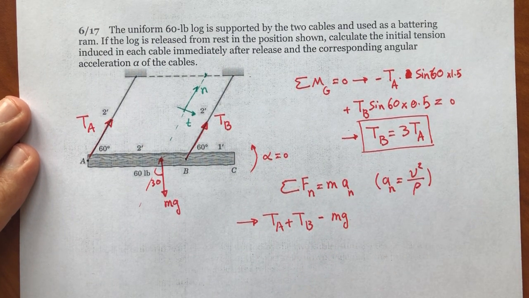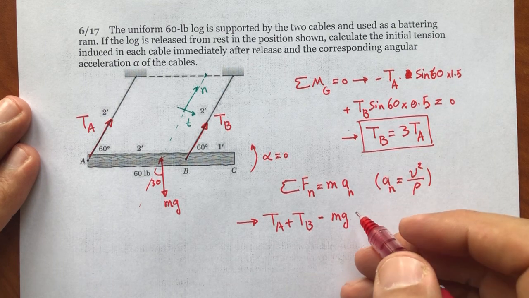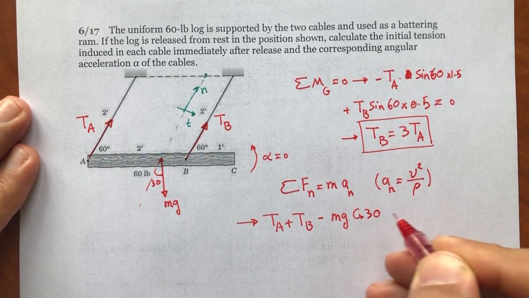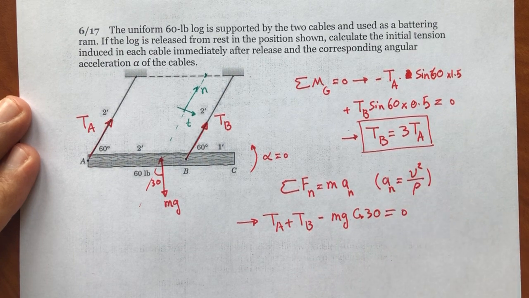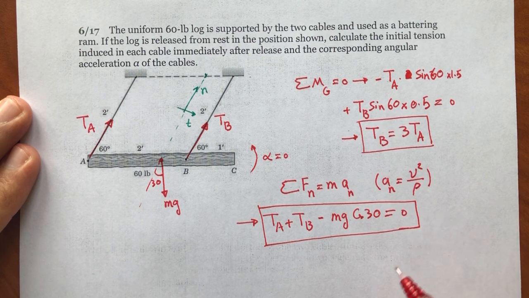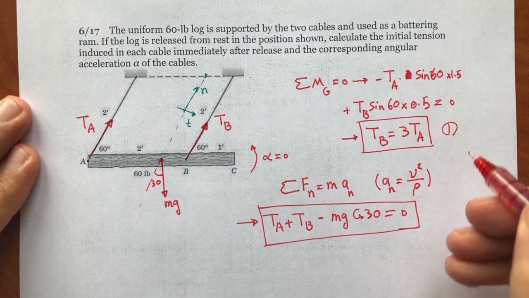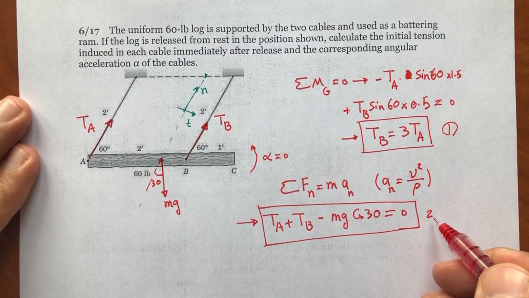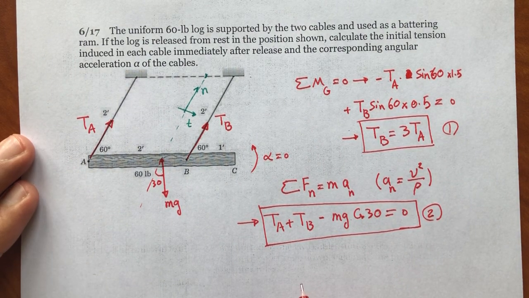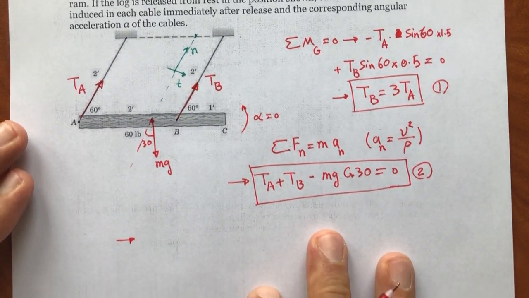times cosine of 30 is equal to 0. So we got our second equation to find TA and TB, 1 and 2. So if you combine 1 and 2, you're going to be able to find both of these forces.